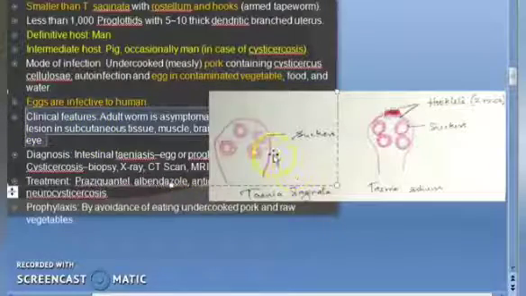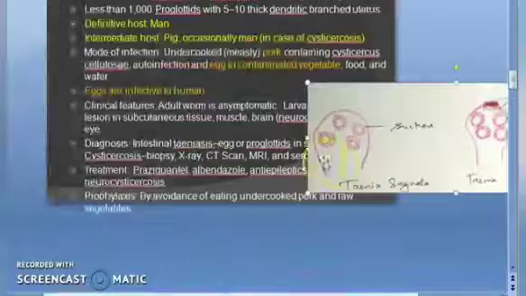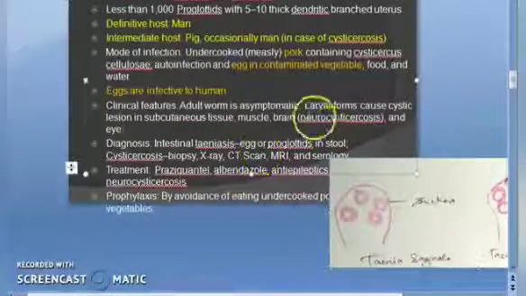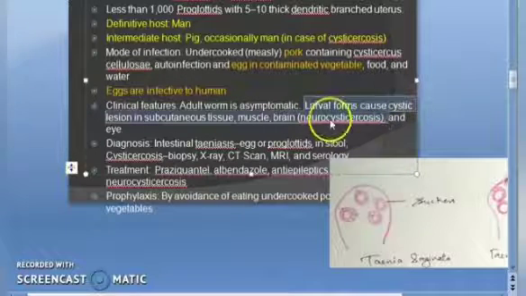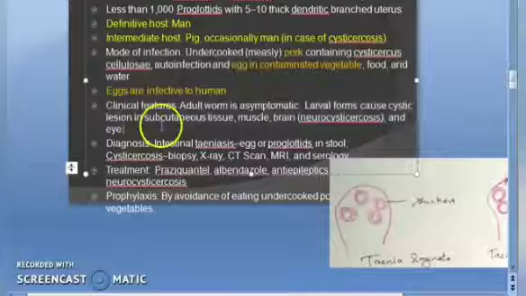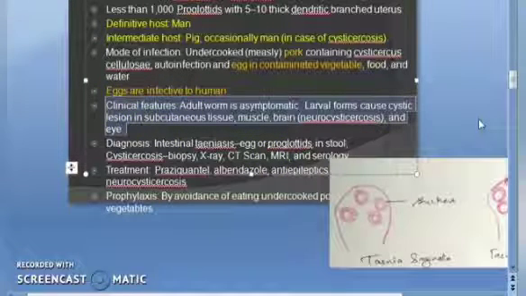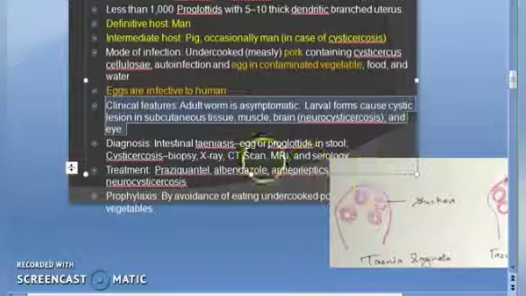Clinical features: adult worms won't cause any symptoms, but the larva will cause issues. The larvae cause cystic lesions. They can cause neurocysticercosis, etc. So remember, cysticercosis is caused by the Cysticercus cellulosae, the larva of Taenia solium.